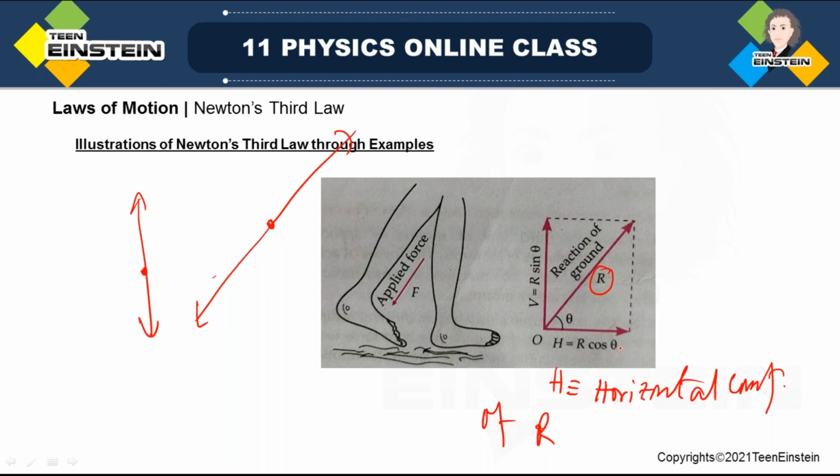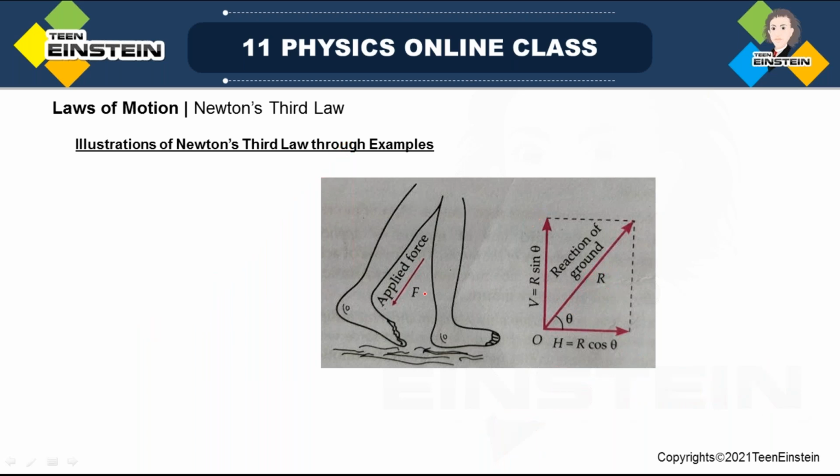Now the horizontal component is R cos theta, and the vertical component V is equal to R sin theta. We have already learned how to resolve a vector along any direction and the direction perpendicular to that. If the R vector is at angle theta with the horizontal, along this direction you take cos theta, and along the perpendicular direction you take sin theta.